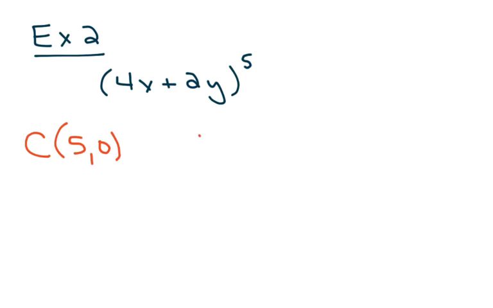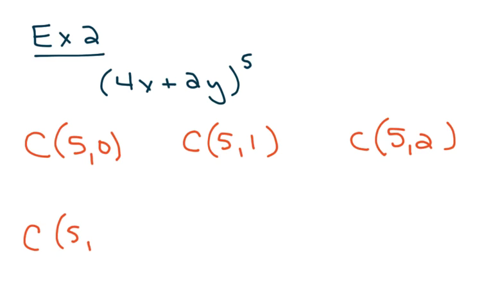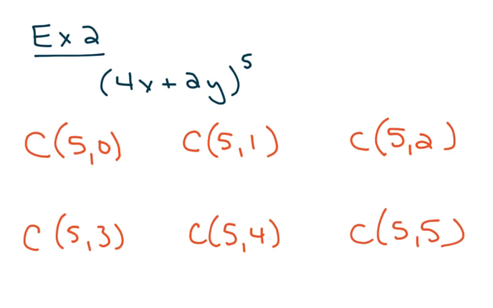The second coefficient would be C51. The next coefficient would be C52, and then C53, and then C54, C55. Look at how many terms we ended up with. We ended up with 6.